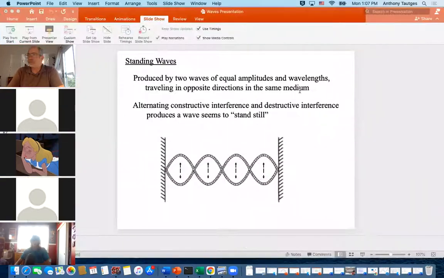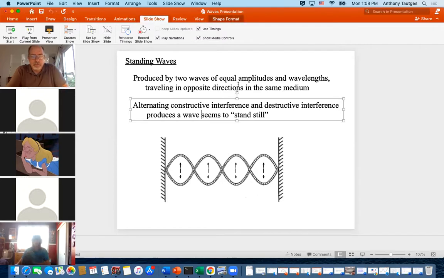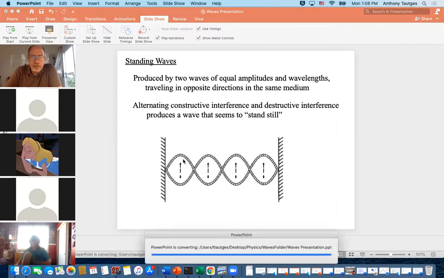Waves presentation. Yeah. So now alternating constructive interference and destructive interference produces a wave that seems to stand still. All right, and we're going to sketch this in a moment.